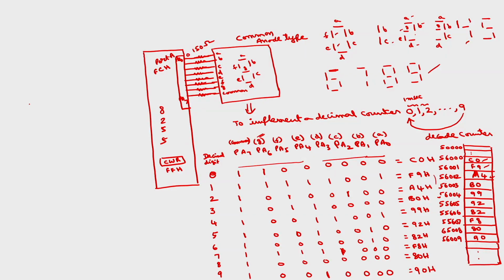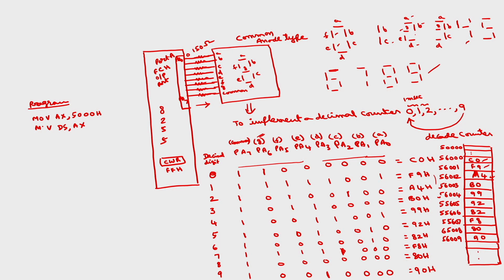The program will be: move AX comma 5000H, initialize the data segment, move DS comma AX. Initially you have to use port A as output port, because we are going to send the data from 8255 to the output device.